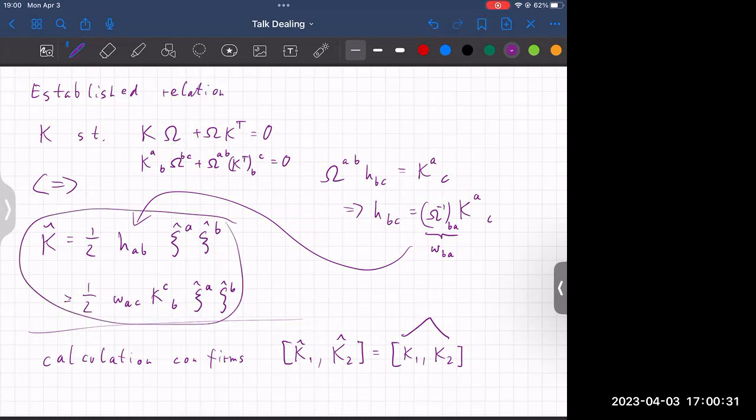And that establishes that K hat is indeed a representation of the Lie algebra. The K hats have the same commutation relations as the matrices K.